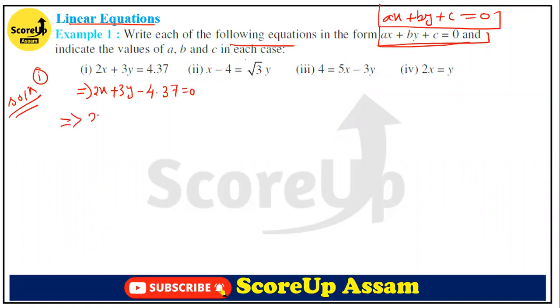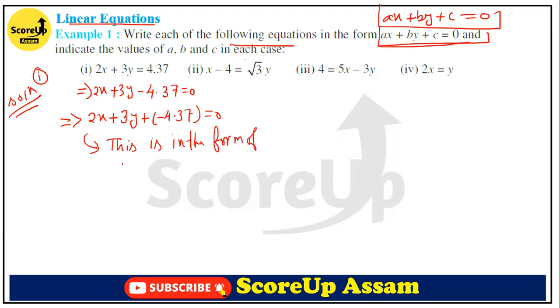So now this is in the form of ax plus by plus c is equal to 0.